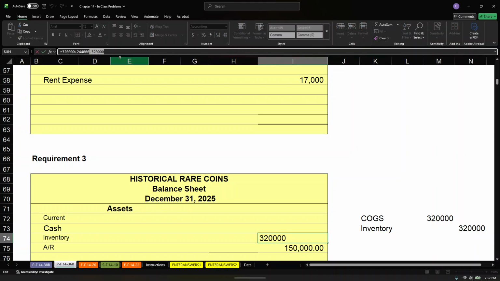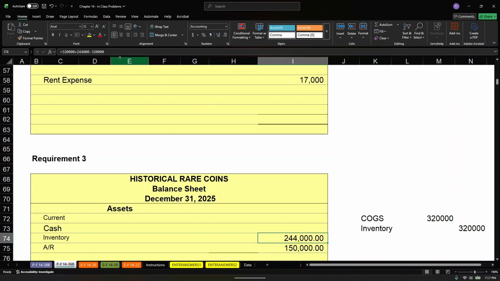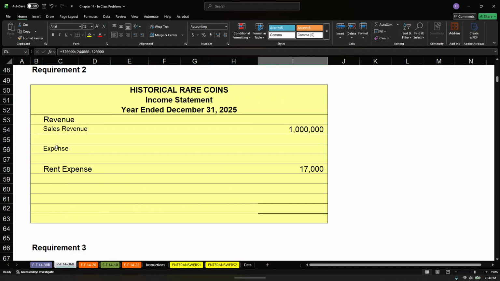And again, that's why I've got this minus 320,000, because that's my cost of goods sold. So now our ending balance for inventory is complete. It included the cash purchases of 320,000. It included the credit purchases of 244,000, and it included the cost of goods sold that was outgoing inventory of 320,000. Okay, and so I'll also add here cost of goods sold, 320,000.